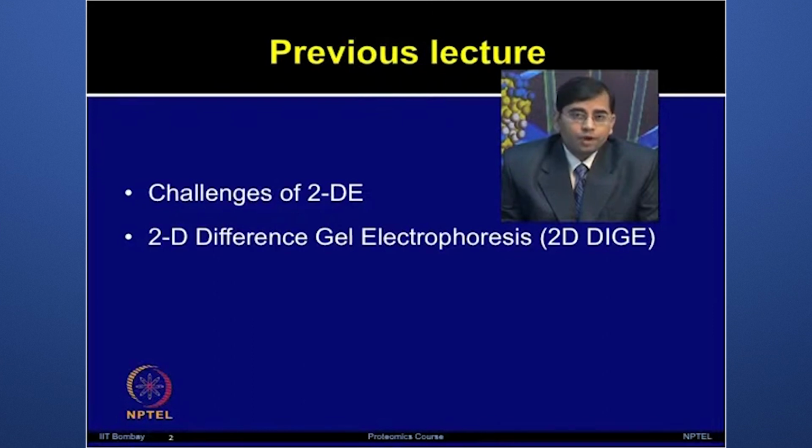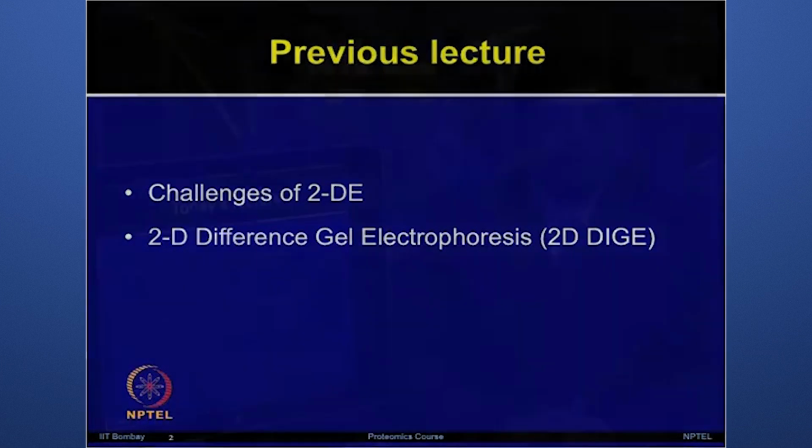If you have performed everything properly and all your reagents and protocols are good, at the end you can expect a good gel. But often there are various gel-to-gel artifacts and variations in the traditional two-dimensional electrophoresis method. So we discussed how to overcome those problems. New methods such as DIGE have emerged.